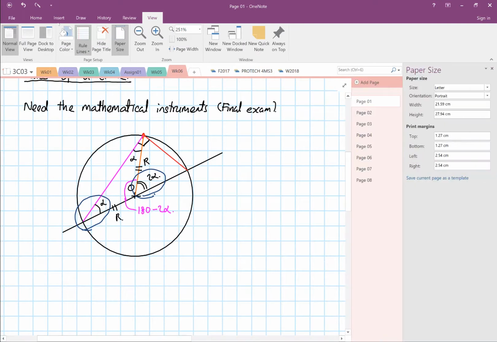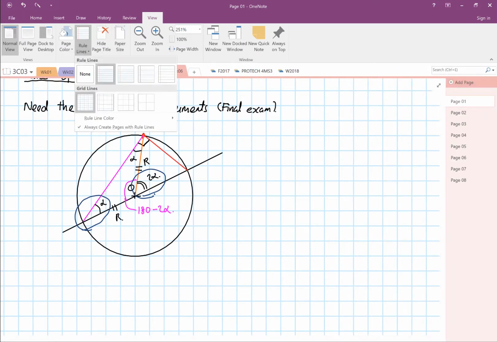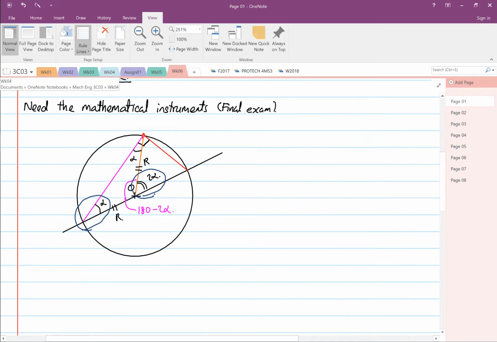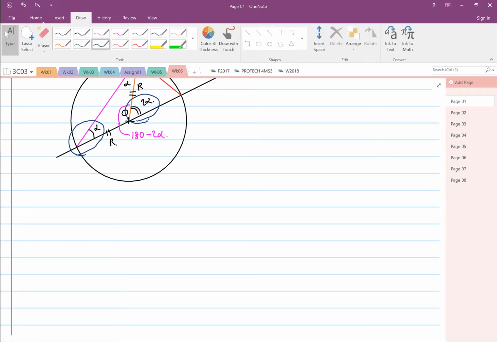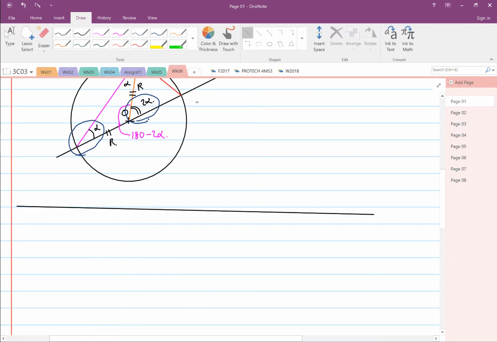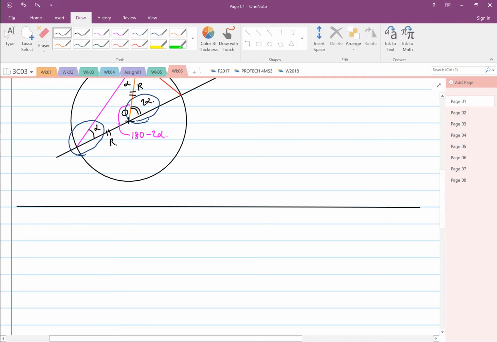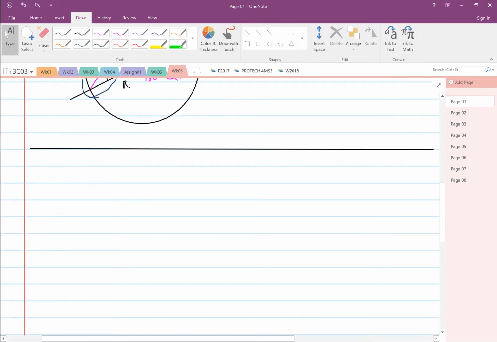Okay, now next we are going to touch on Mohr circle. Before we go into Mohr circle, I need to explain a few terms in terms of stresses. So let's look at normal stress. I have to explain what is normal stress. Okay, so the first thing we're going to look at is normal stress.